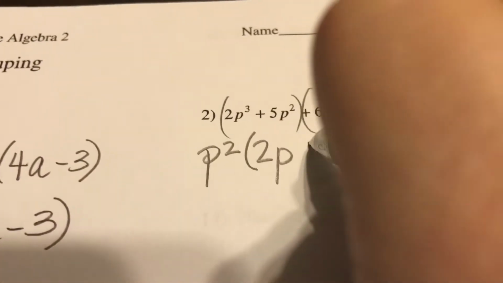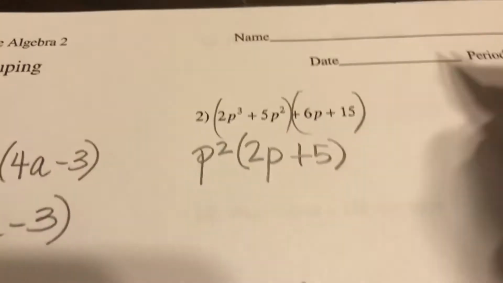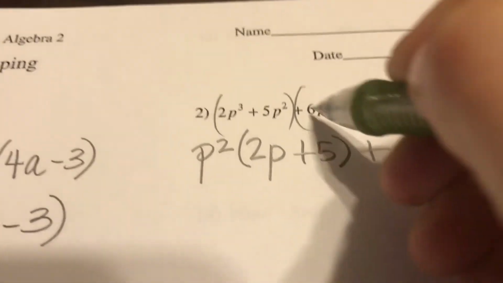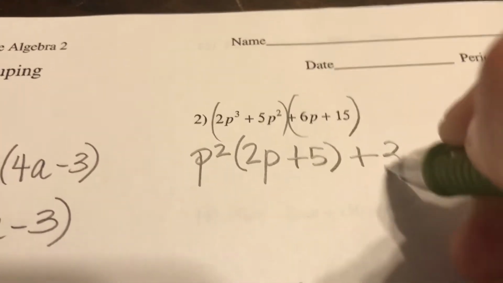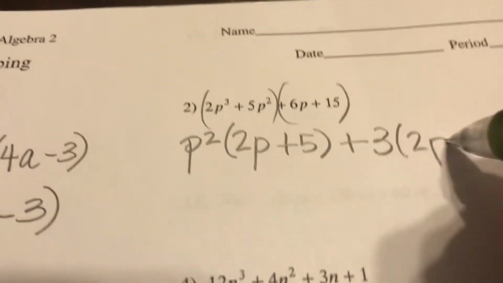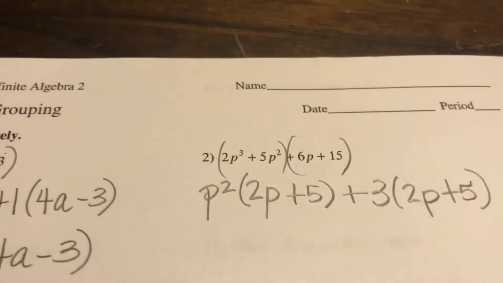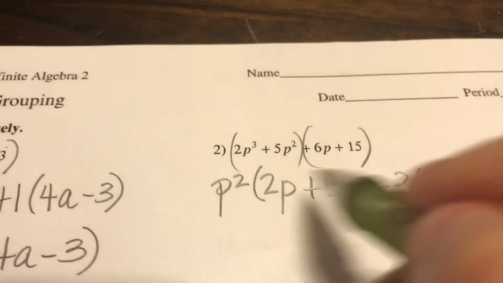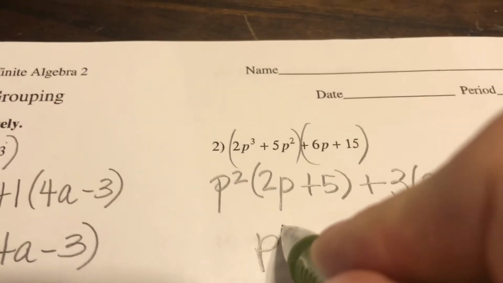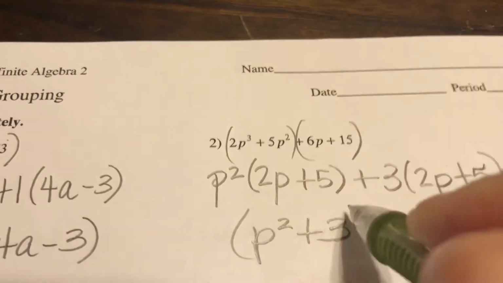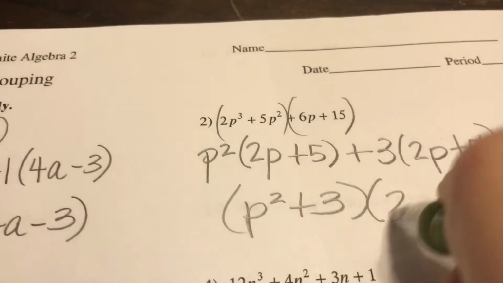P squared times 5 would give me 5p squared. Plus, I'm going to pull out a 3 right there. Well, 3 times 2p would give me 6p, and 3 times 5 would give me 15. So this would be p squared plus 3, the quantity, times the quantity 2p plus 5.